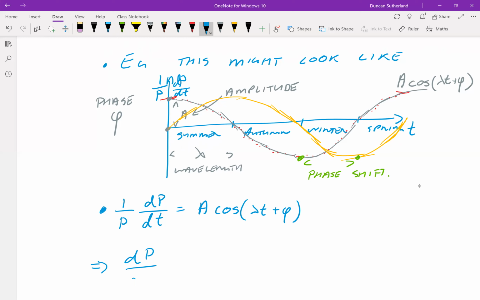So now we have a population model that accounts for seasonal variation in the relative growth rate.